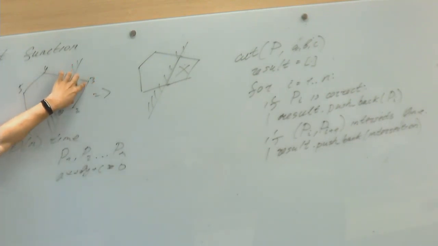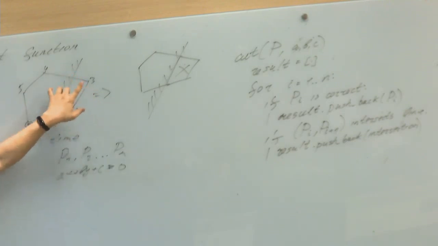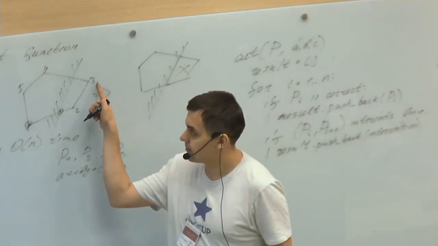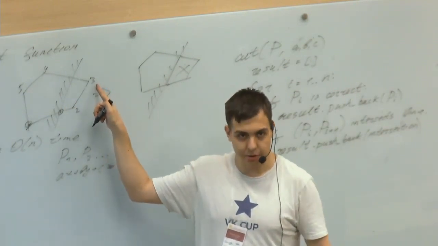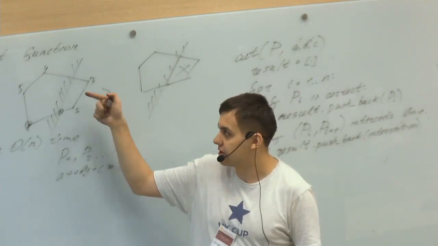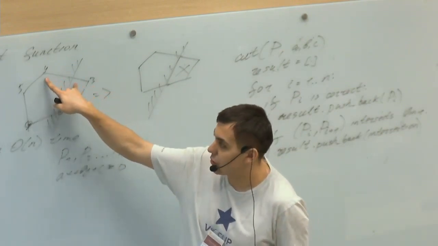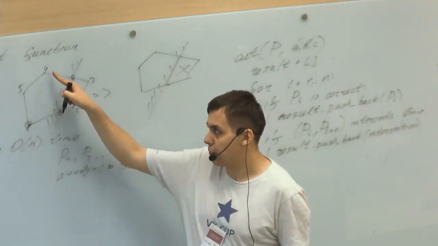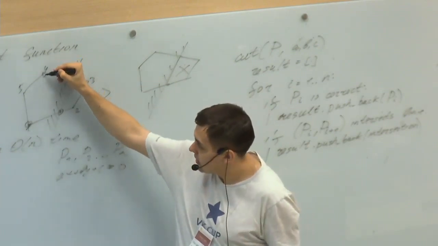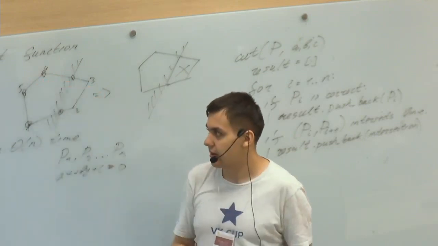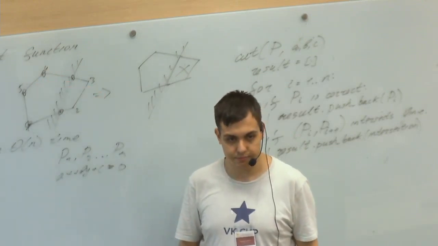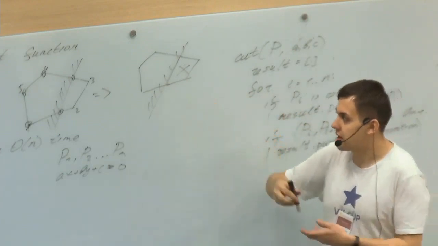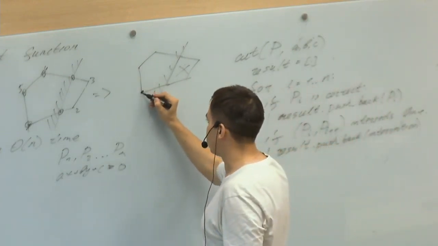This segment does not cross the line, so we don't add it. Point 3 does not lie on the correct side of the half plane, so we don't add it. This segment crosses the line, so we add the intersection. Now point 4 is on the correct side, point 5 is on the correct side, and that's it. So this is how we get this polygon.